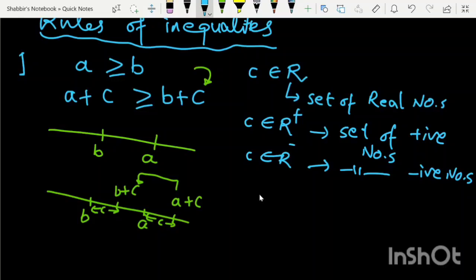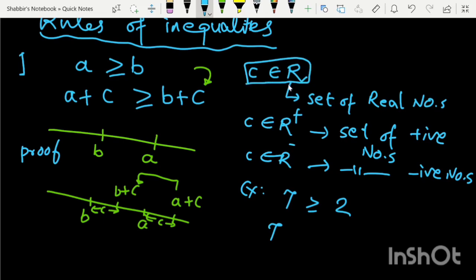In this proof, I have taken C to be positive. That's why B plus C was on the right hand side of B. In a similar way, it can be proved for C negative. That's why I said that it is valid for all C, whether positive or negative.